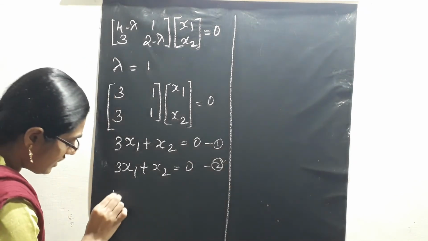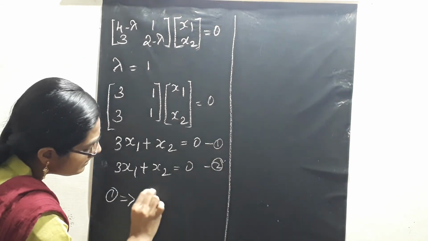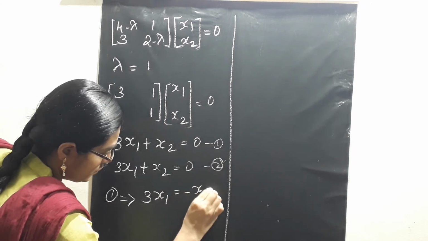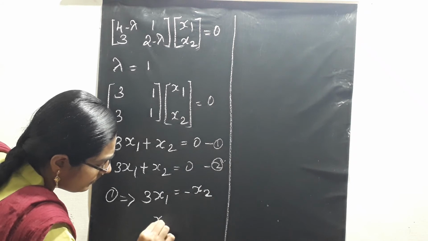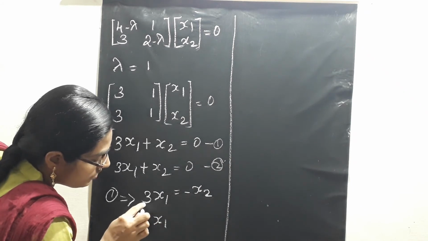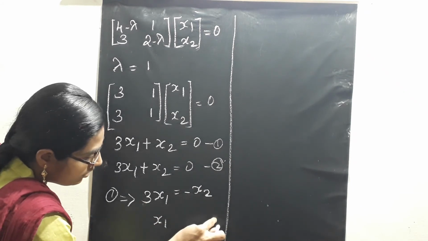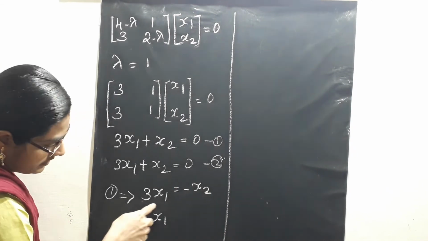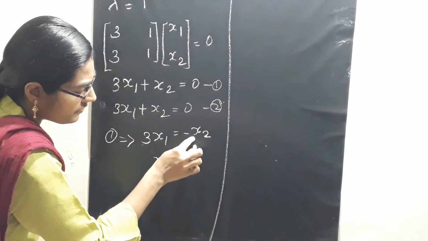So take the first equation that you can write as 3x1 equal to minus x2. Then bring the coefficient of x1 to the denominator of the x2 side and x2 to the denominator of the x1. So here what is the coefficient of x2? Minus 1.